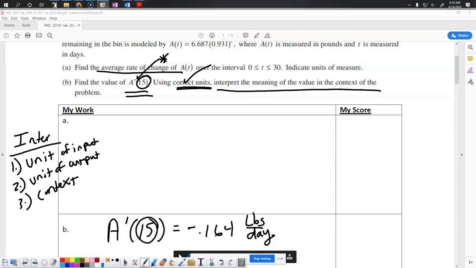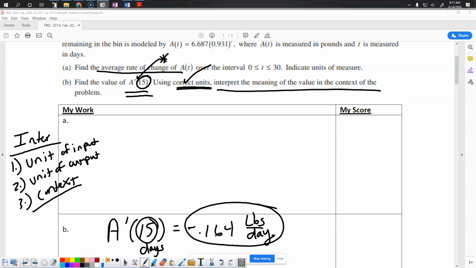The unit of my input is days. The output is pounds per day. The context is we're talking about grass in a trash can, right? So, what's my interpretation of this statement? Here it is.